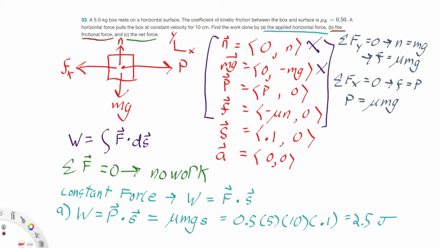Let's have someone venture a guess that hasn't talked today. So Diawara or Calderon or Zahn, tell me what you think. 2.5 joules of work done by the pulling force. That is 2.5 joules of energy added to the box by the pulling force. So how much work must have been done by the frictional force?